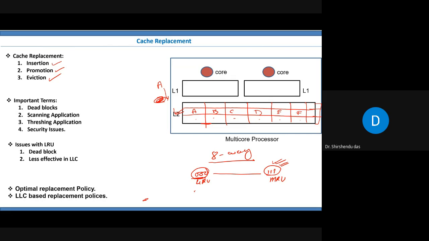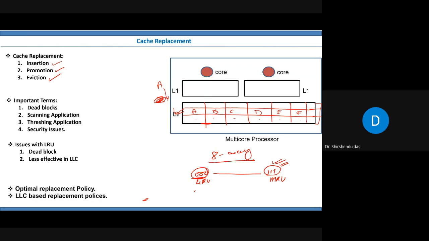It's not just about improving performance, and we will discuss these points throughout this course. Whenever you propose a new idea, suppose a magic replacement policy which improves performance and CPI, but it increases the storage overhead by 100%, then it's not a good idea. That's why we have to think in this direction also.